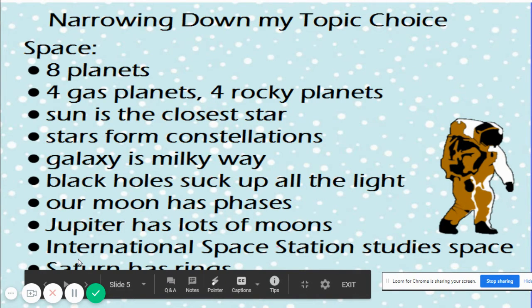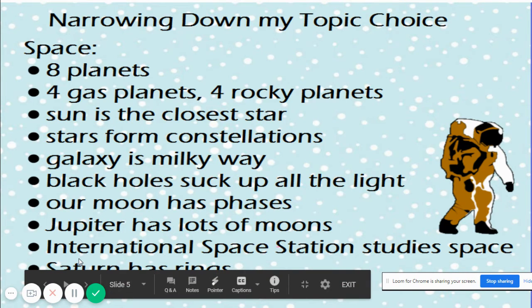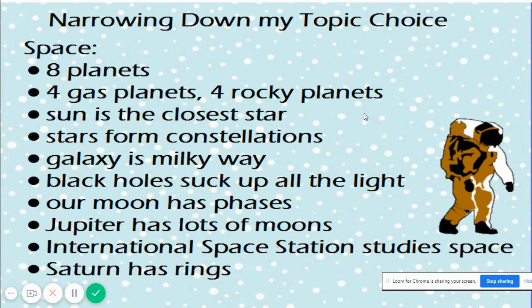This space station's like exploration. But I have 4 bullet points about planets. So I think that's what I'm going to write about. I think I am going to write about planets because if I write all about all of space, it's going to take me forever and a day to write this. Okay? So I'm just going to write about the planets.